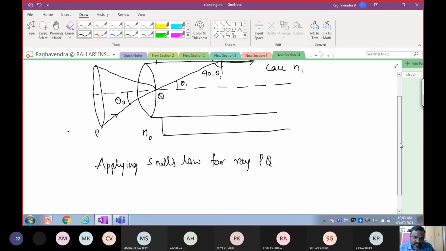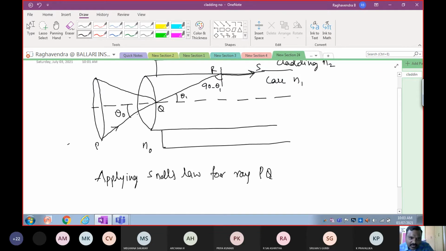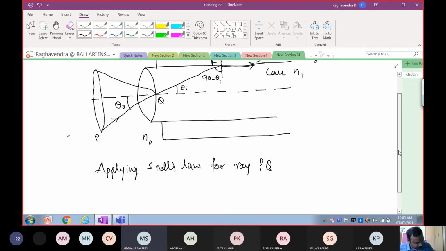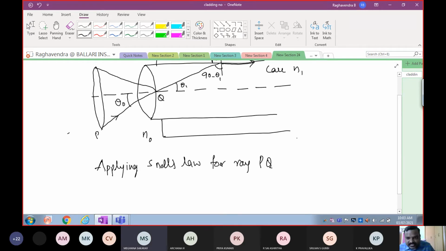Here a ray is traveling from the surrounding medium to the core part of the optical fiber, right? So what is the expression for Snell's law? Sin i by sin r equals n2 by n1, n2 divided by n1, right?